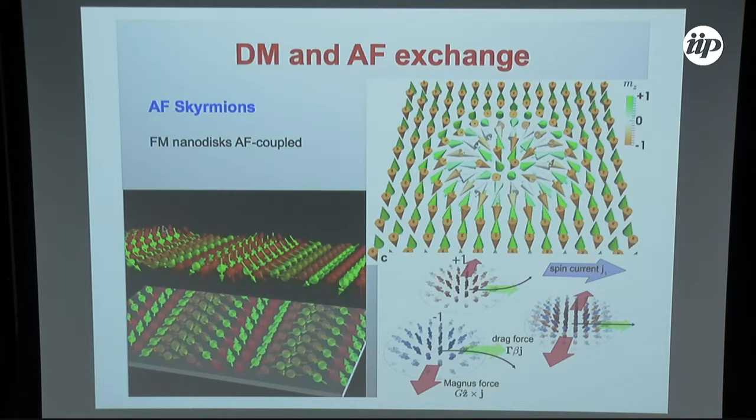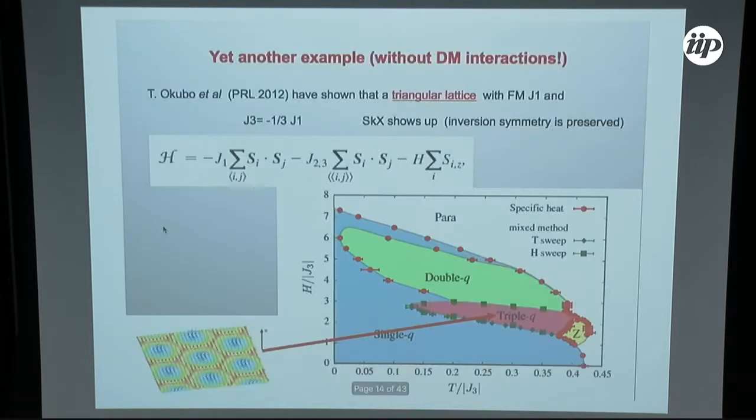And this is now very in fashion for those trying to do topological computation, because they can move these guys with currents, and they can spot whether they are there or not by looking at the Hall effect, so the anomalous Hall effect they produce. So they became very, well, at least they are studied by many people in connection with the possibility of quantum, sorry, not quantum, topological computation. I will say more later.